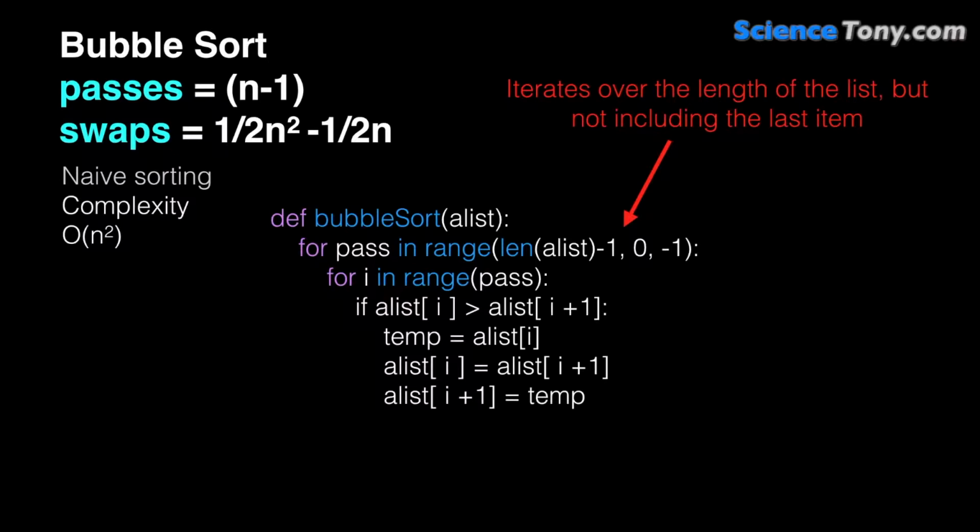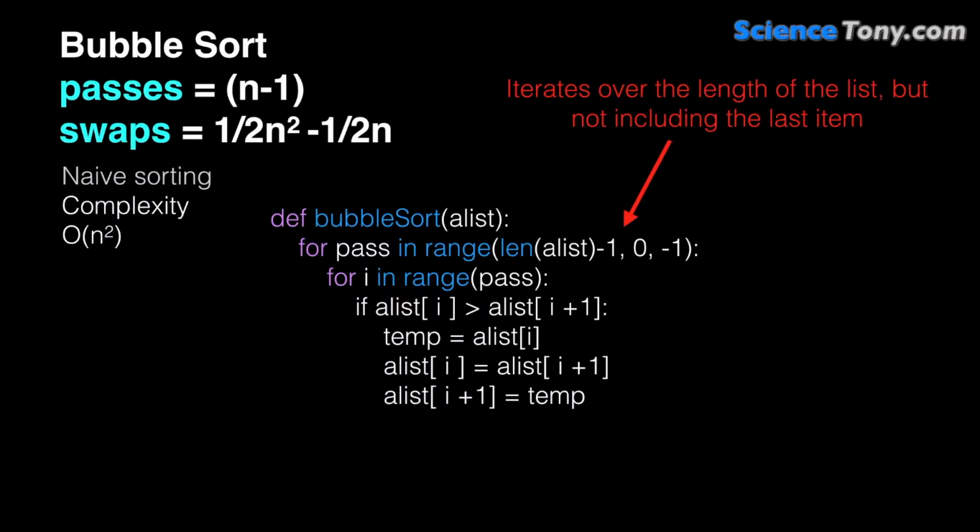The reason for this is you don't want to iterate over the last item in the list, because in the second for loop you're going to get an error, because there's no adjacent item for it to be compared to, which is what the if a list I is greater than a list I plus 1 is about.